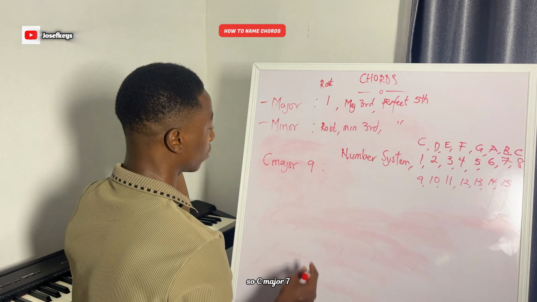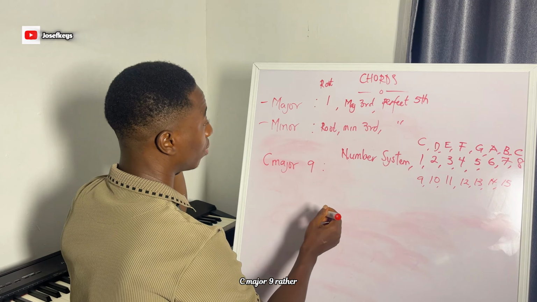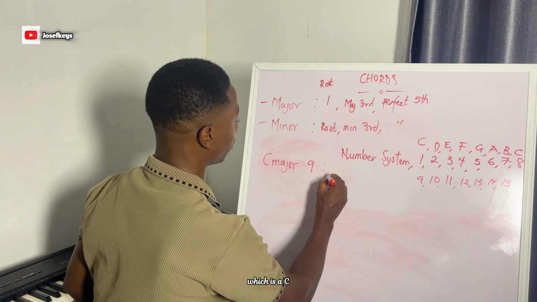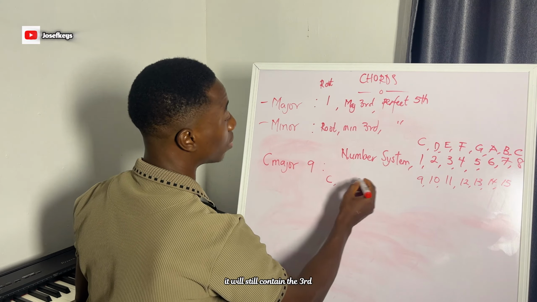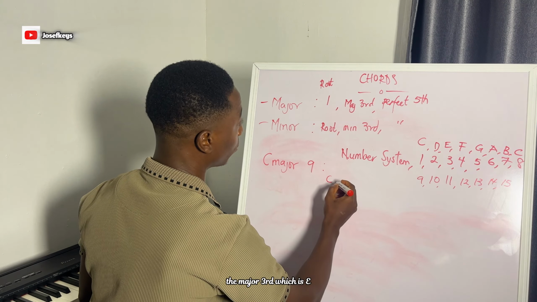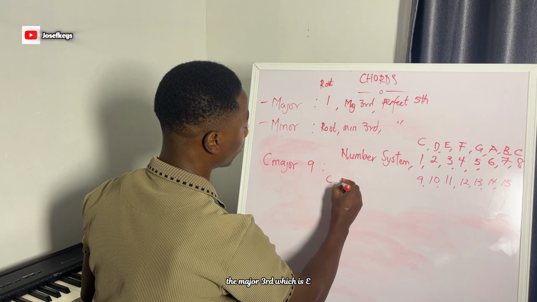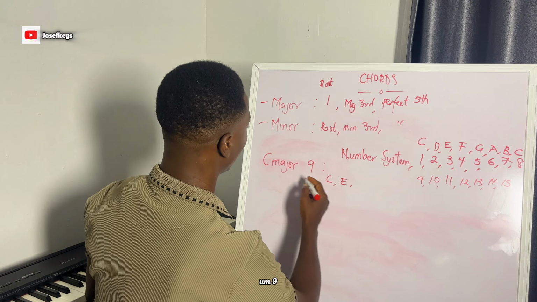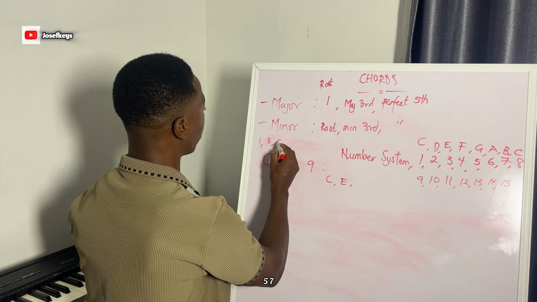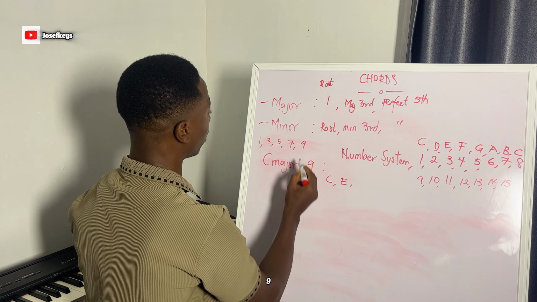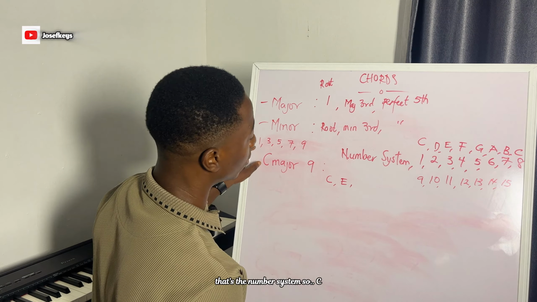So C major 9. You have a 1, which is C. Since it is major, it will still contain the major third, which is E. So you have 1, 3, 5, 7, 9. That's the number system.